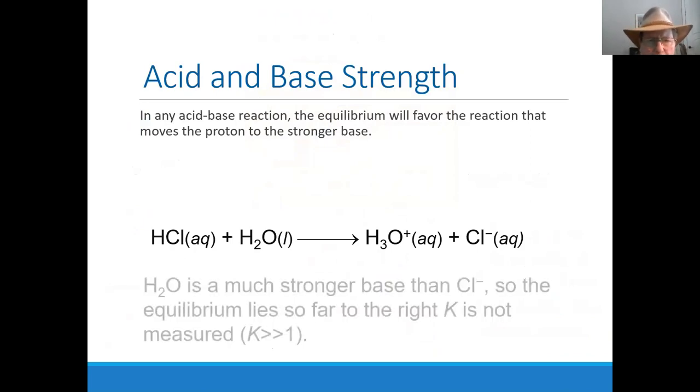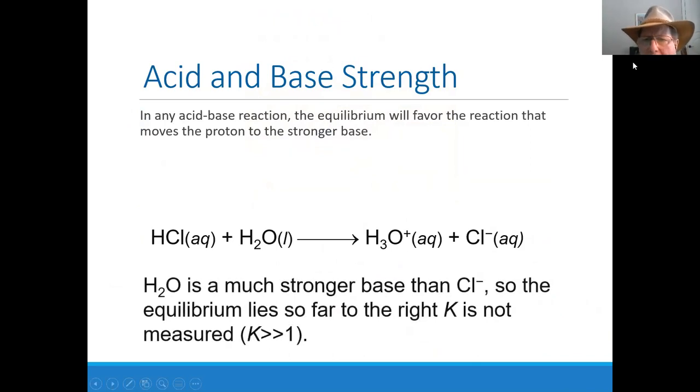H2O is a much stronger base than Cl minus. It's so much better a base that the K is much, much greater than 1. There is a negligible amount of the reaction going back to reform the H2O and the HCl.